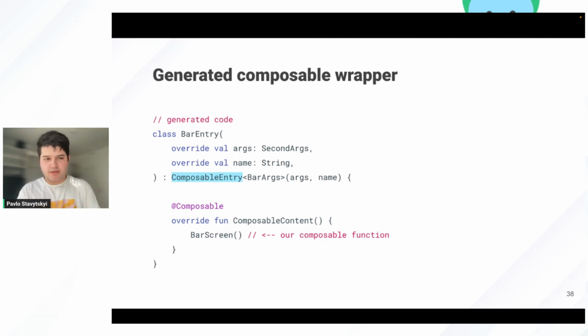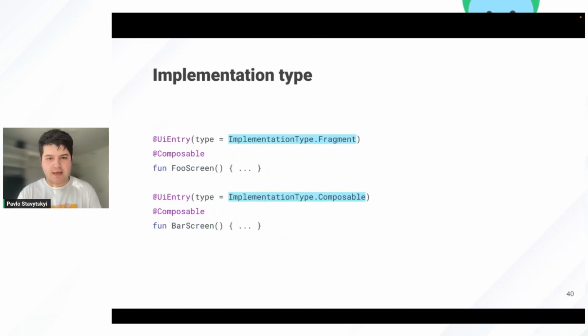In this case, we are generating bar entry, but this is not actually a fragment. It extends composable entry, and it's a very simple wrapper class, the sole purpose of which is to have this abstract function composable content, where again you just put the reference to your screen. This is the logic that lies behind the implementation type.